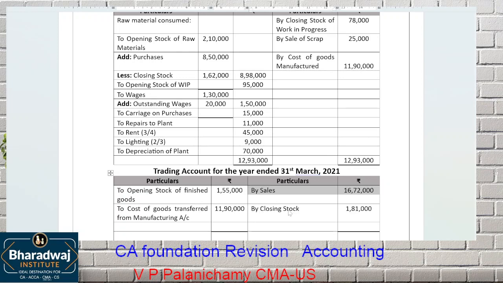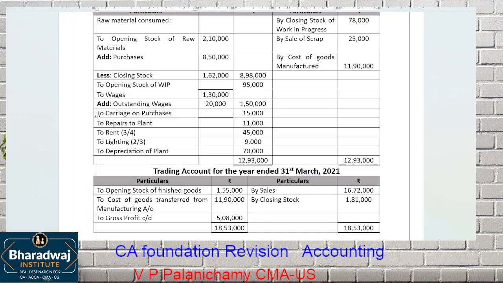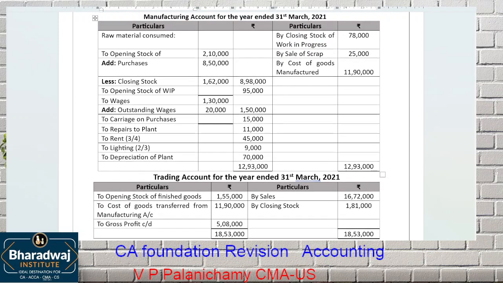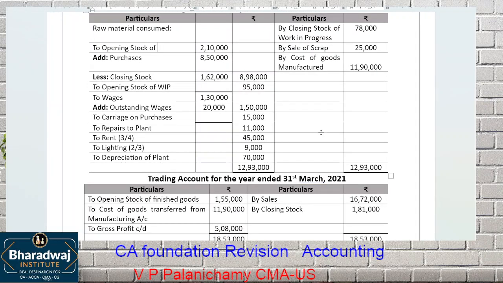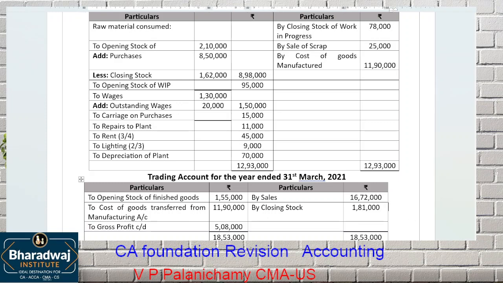So sales, closing stock you will record, opening stock and cost of goods manufactured you will record. 5,08,000 is your gross profit. Continue with P&L account next.